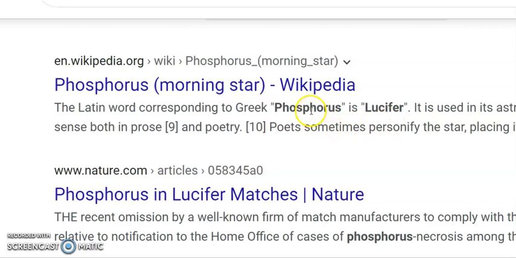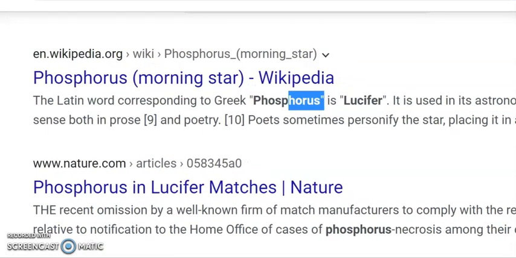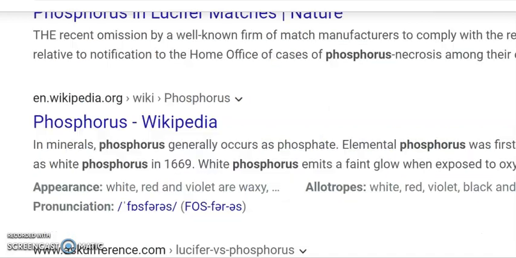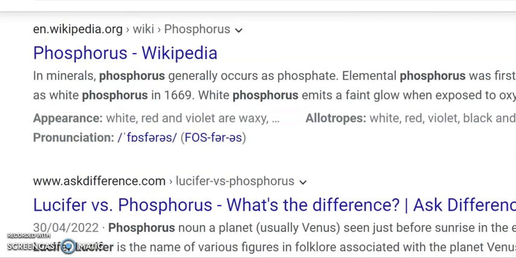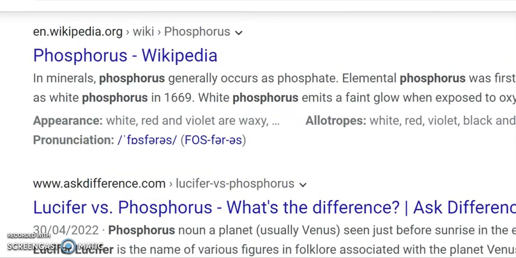So Horus in the Egyptian is Lucifer, and Horus in this stuff is Lucifer as well, right? So Phosphorus and Horus and Lucifer, same thing. And I've just done that second part about it.